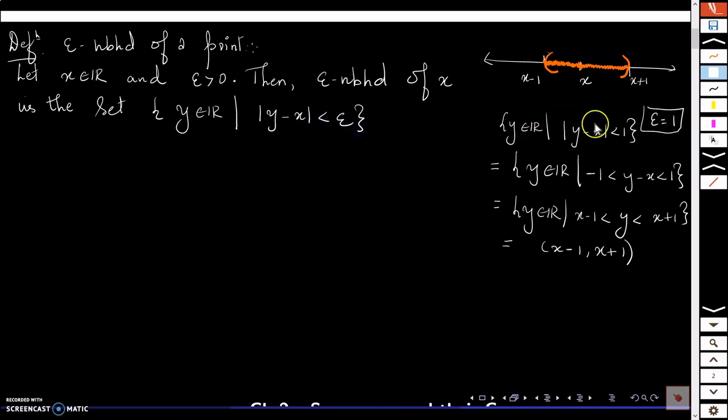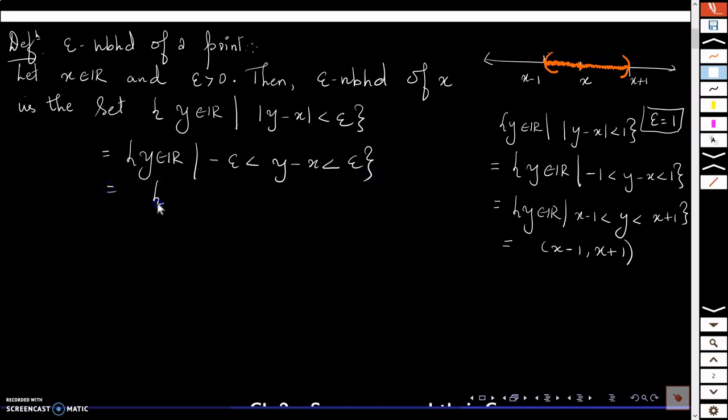The way we have defined it for 1, we can define it for any positive epsilon. So this is the set of all real numbers y, proceeding in the same way, such that minus epsilon is less than y minus x, and that is less than epsilon.